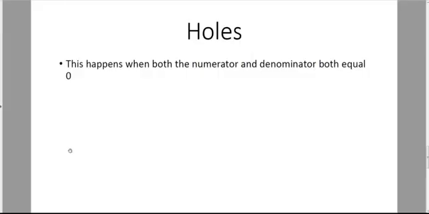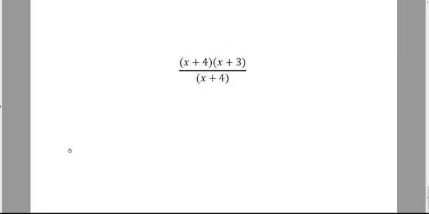The last term we'll talk about is holes. This happens when both the numerator and denominator equal 0. If you go back to the vertical asymptote, we find when the bottom equals 0. Here we have both the top and bottom having x plus 4.